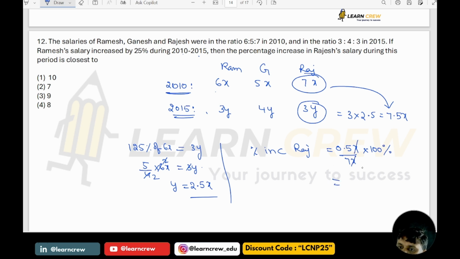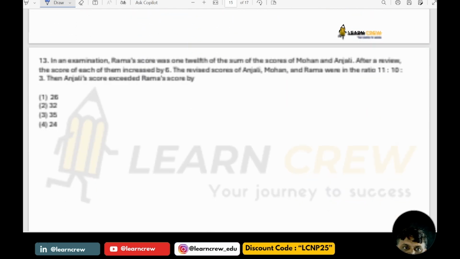So it is how much? 1 by 14. 1 by 14 of 100 is how much? 100 by 14, which means 7 1 by 7%. So the answer is 7 1 by 7%, approximately very close to 7. Now next, question number 13.